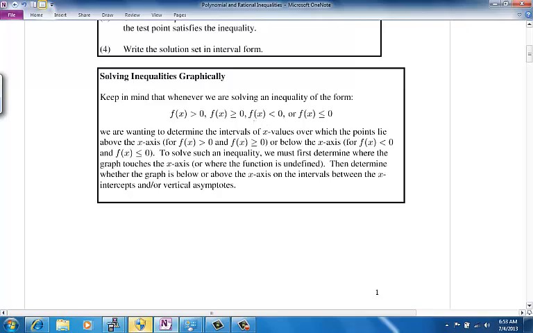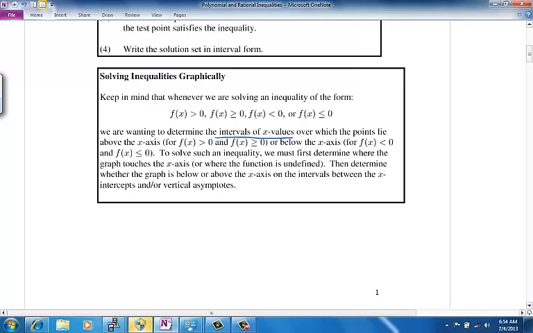If we have f of x less than 0 or f of x less than or equal to 0, we're looking for where the y values are below the x-axis or below or touching the x-axis. So what we're looking for are the intervals of x values over which the points are above the x-axis or below the x-axis, or again touching if we're talking about f of x equals 0.